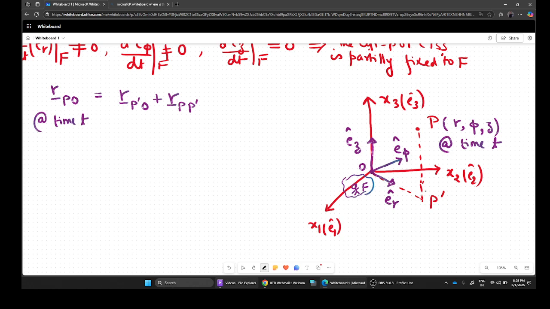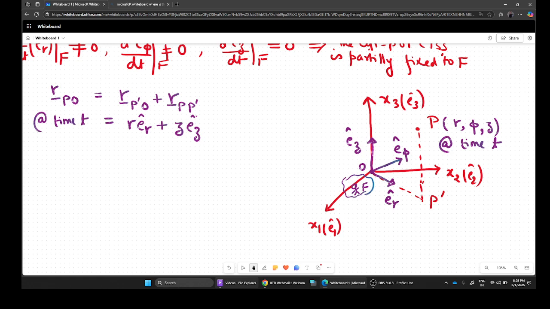Go from here to here and then go to the point P. Now this can be written in the cylindrical polar coordinate system as R times a scalar, the unit vector ER, plus Z times EZ, right? So it turns out the way we have defined our unit vectors in this new coordinate system, you need only 2 of the scalar coordinates to write the position vector of the current location of point P.